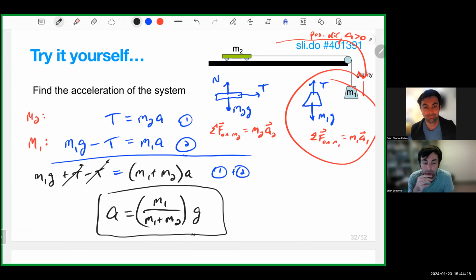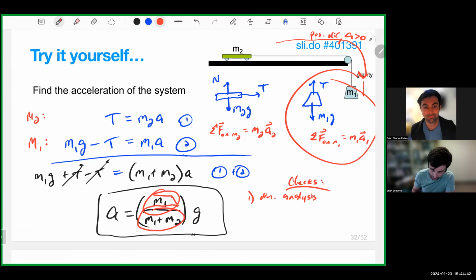So when you get an answer like this, you want to do a couple of checks. One, dimensional analysis. If I look at a mass divided by a mass, so kilograms divided by kilograms, that's unitless.